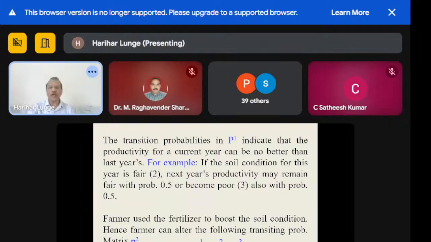Hence the farmer can alter the transition matrix to P2 when the fertilizer is used. The previous P1 is where no fertilizer is used, and in the next year, suppose the farmer uses the fertilizer to boost the soil condition, then the transition matrix becomes in this way.